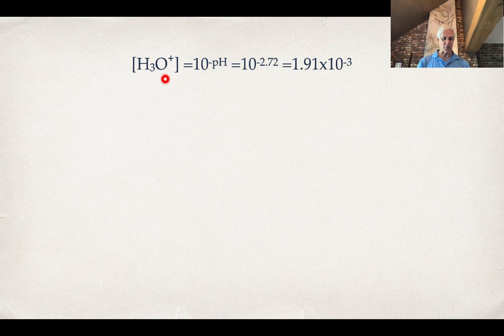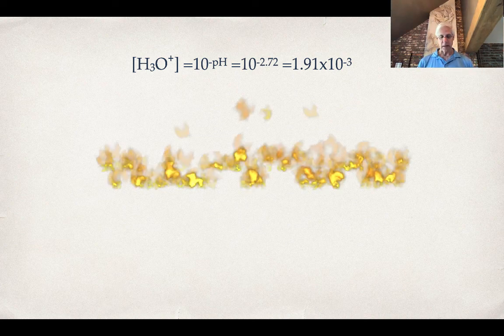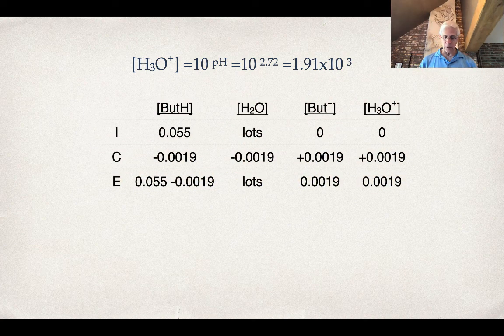So H3O plus is equal to 10 to the minus pH. So that's 10 to the minus 2.72. And we get a hydronium ion concentration of 1.91 times 10 to the minus 3. Okay, and again, that is also equal to X.